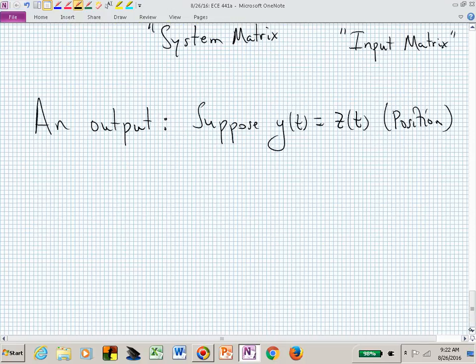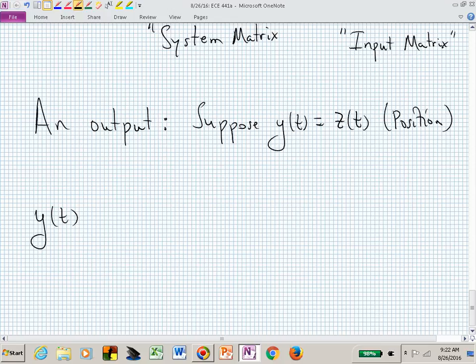Now I need to build up my output equation, Y of t. How big is my Y of t vector? How many outputs did I have in this example? I just have one equation, don't I? I just have a Y sub 1. So I just have one output. My Y vector, my output vector, is 1 by 1. If I had position for Y1 and Y2 was velocity, maybe I had 2 different measurements. Then my output vector Y would be a 2 by 1.